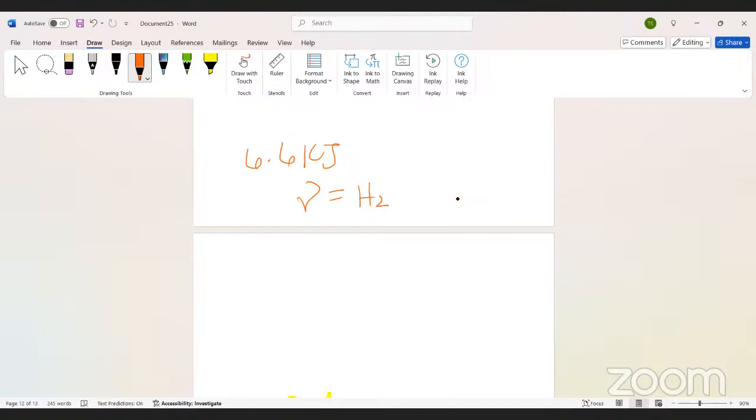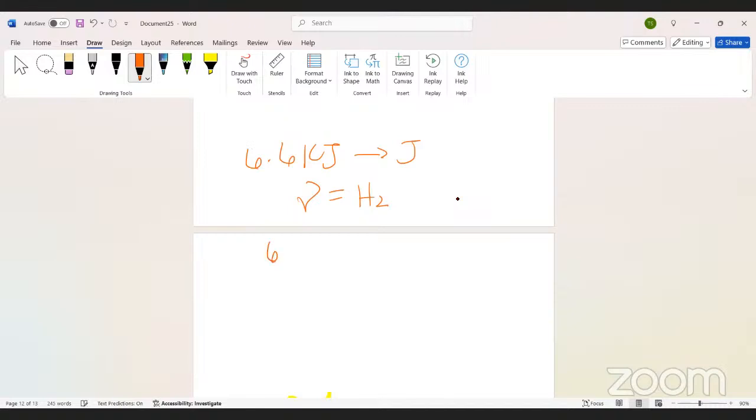For this problem, the first thing you need to do is convert the kilojoules to joules. Do you remember how to convert a kilojoule to a joule? Right, divide by 1,000, that's correct.